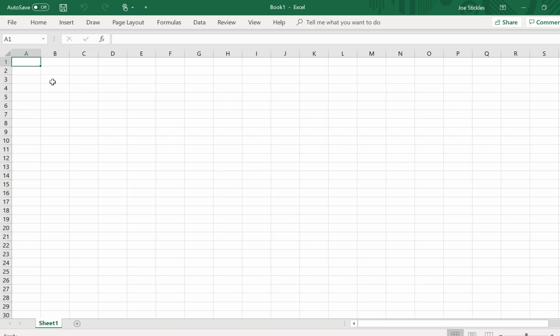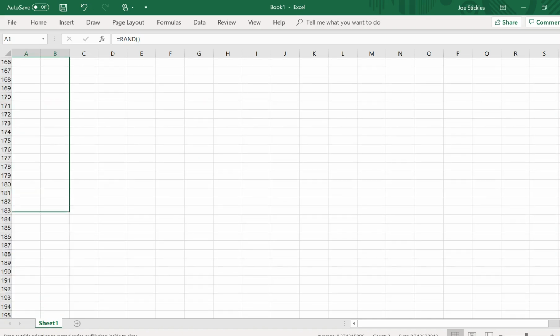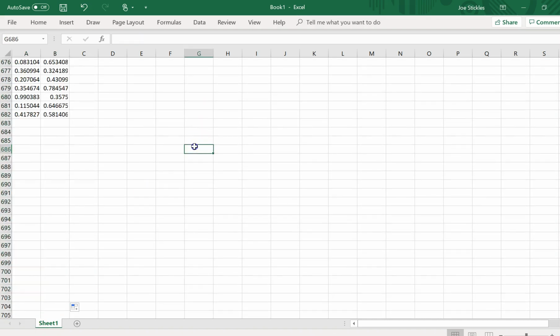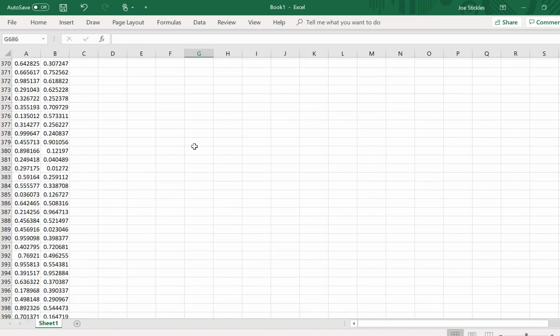So what we can do is create some random numbers. The RAND function in Excel will create random numbers between 0 and 1. Let me just do a few hundred here to start with.